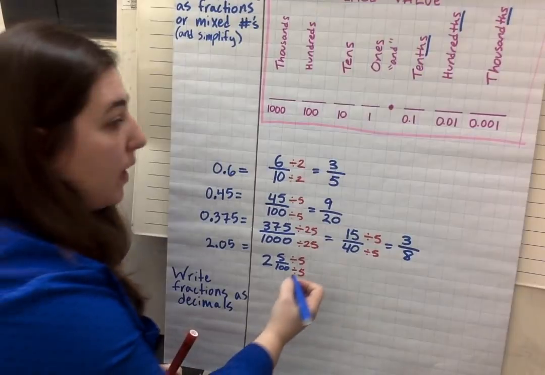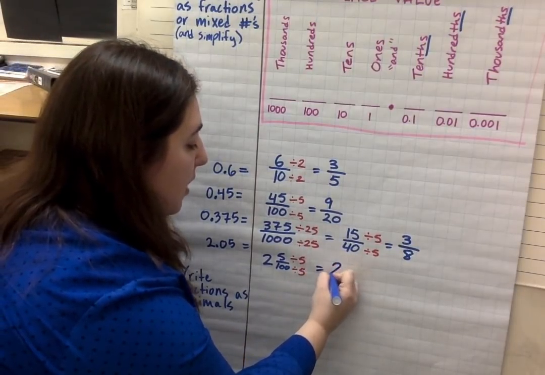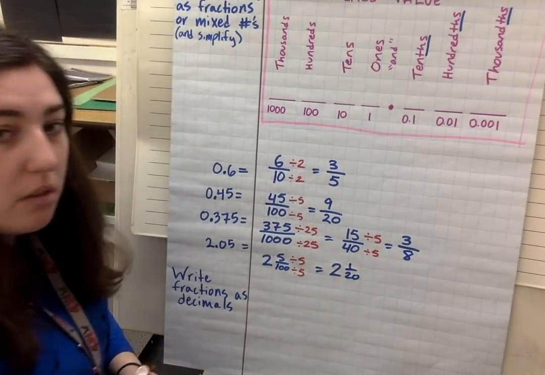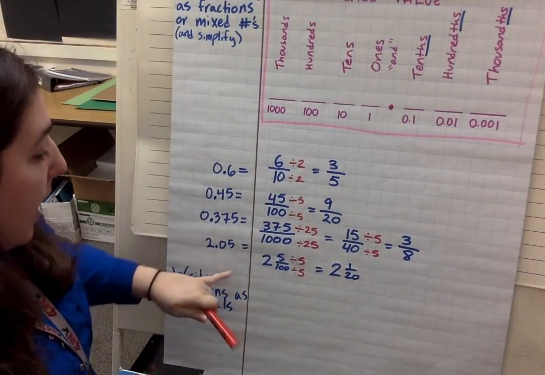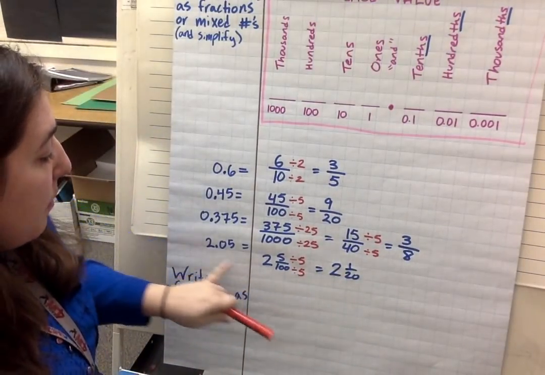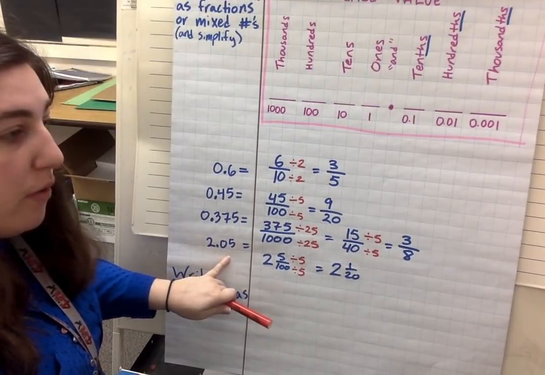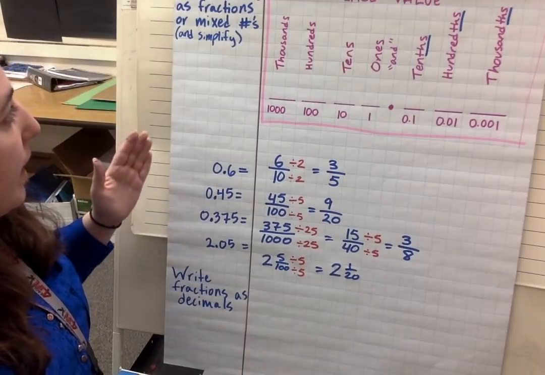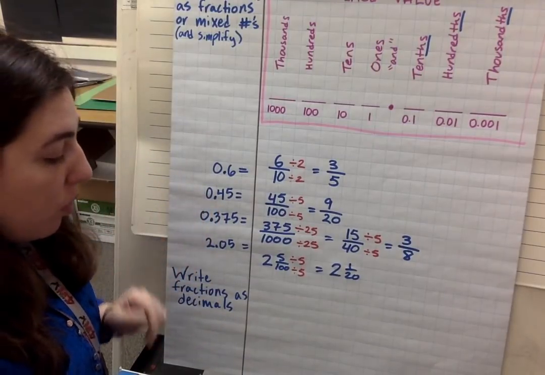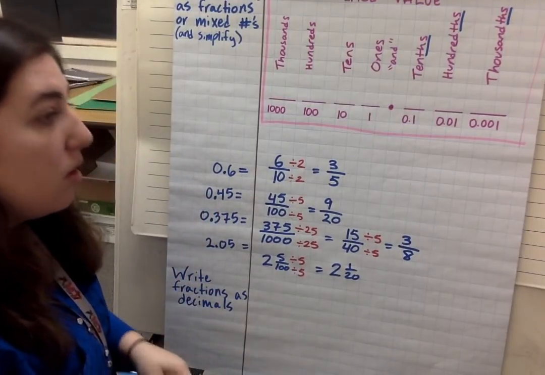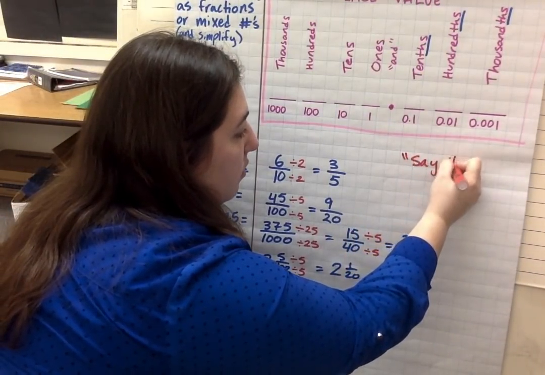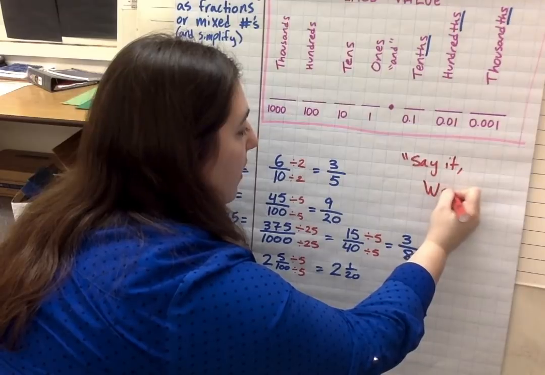Once I simplify, I'm going to get 2 and 1/20. That is my mixed number for the decimal 2.05. And that is how you write decimals as fractions or mixed numbers. The way you say it is the way you write it.